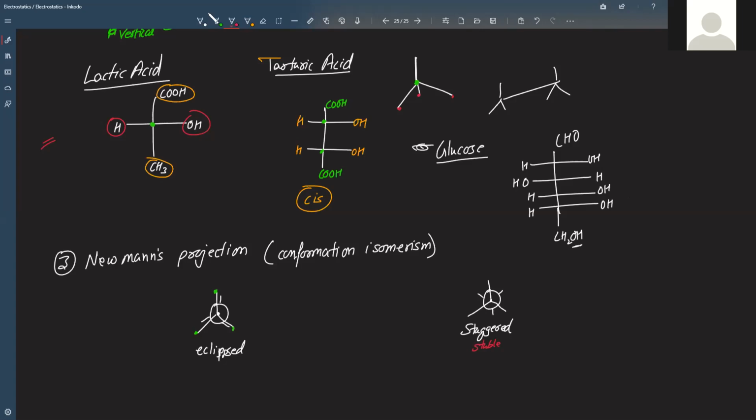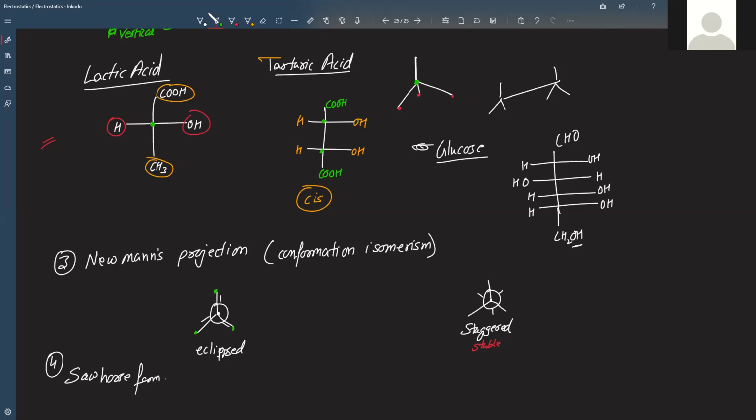The same thing can also be represented by a fourth notation, called the sawhorse form. In this form, instead of seeing it from the front as in the Newman projection, you are seeing it from an angle, from an oblique or a side.